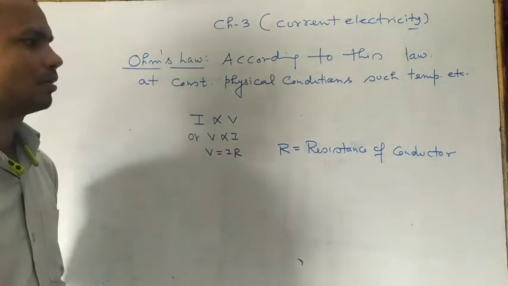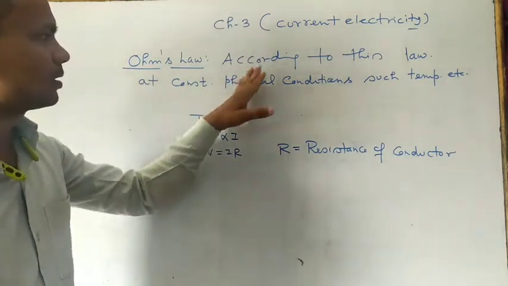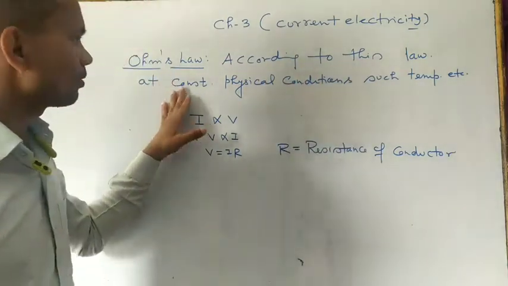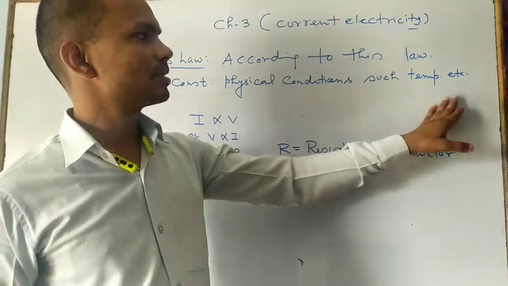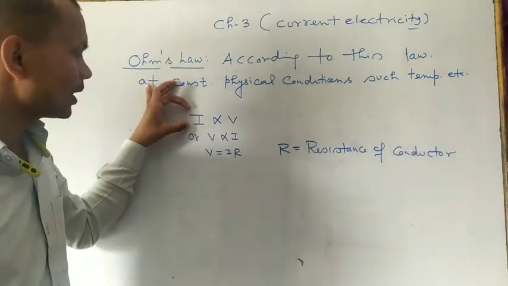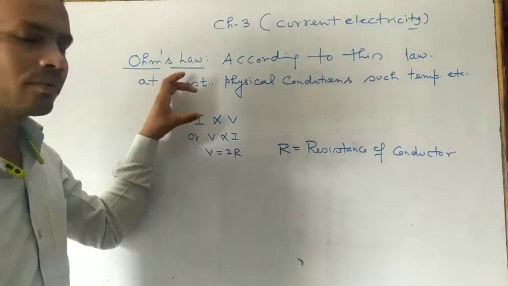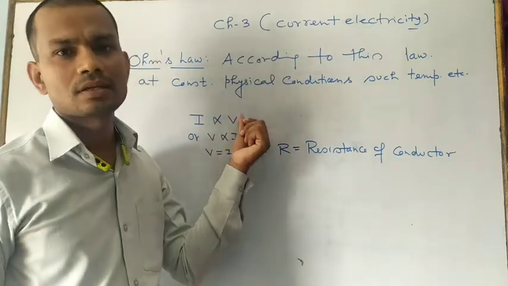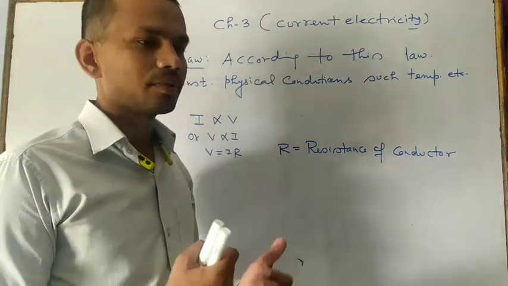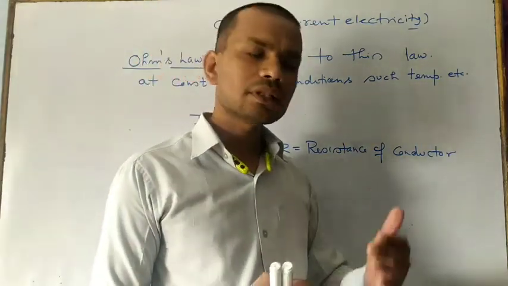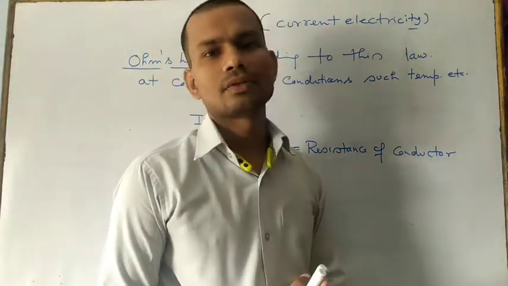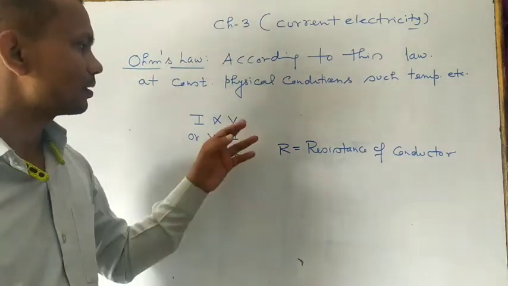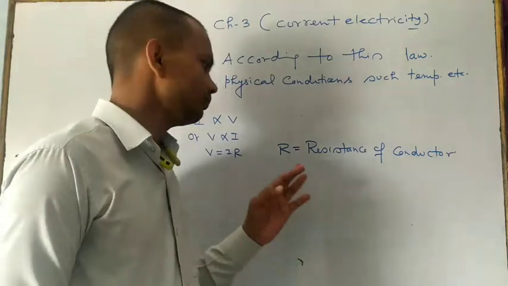Now here you have to see what we have written. This is the statement of Ohm's law. According to this law, at constant physical conditions such as temperature, etc., the electric current flowing through any conductor is directly proportional to the potential difference. It means if you increase the potential difference across the ends of the conductor, the current flowing through that conductor also increases, right?